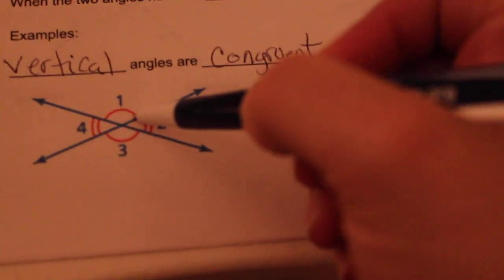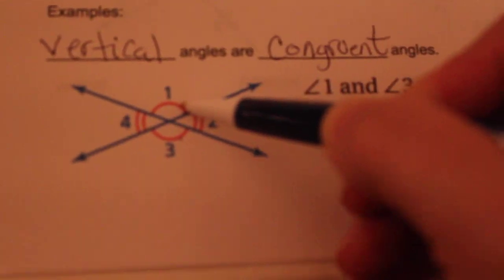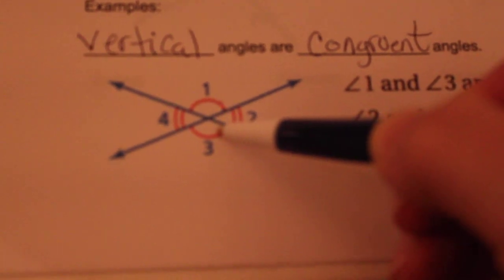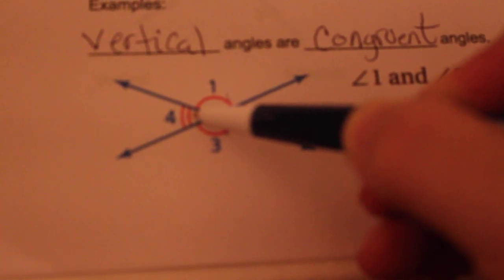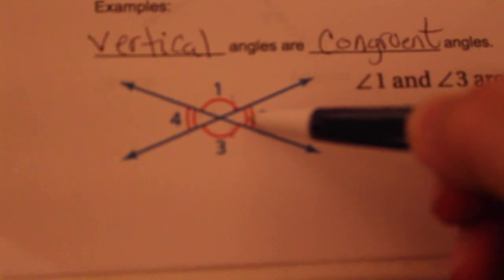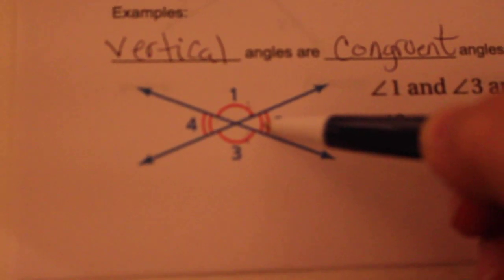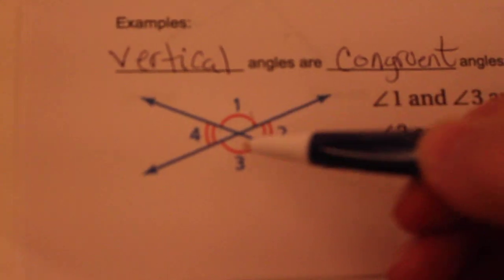We mark angles a little bit differently dependent on their size. So wherever we see one line, that means those two are the same. Two lines, the other one that has two lines is the same as it, which should be straight across, the vertical angle. So here we see that 1 and 3 are vertical angles and 2 and 4 are vertical angles.